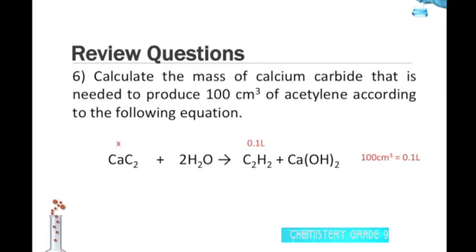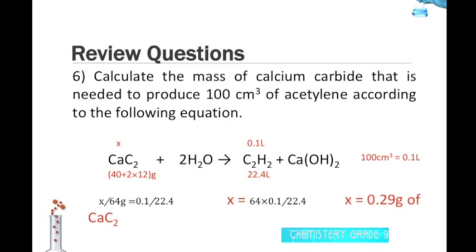But remember, 100 cubic centimeters is 0.1 liter. Then we write the weight and the volume. We set up the proportion, solve for x, and we get x equals 0.29 grams of calcium carbide.